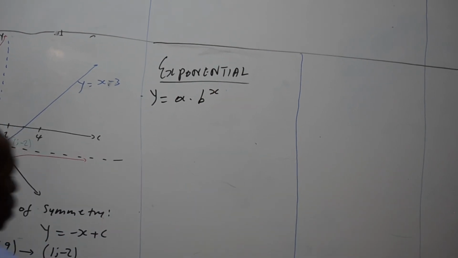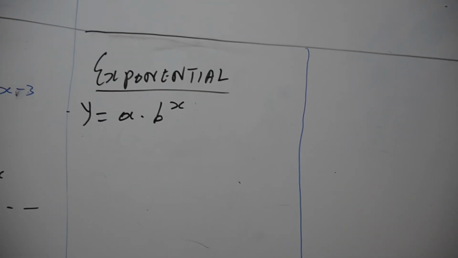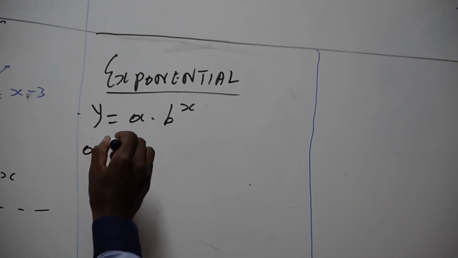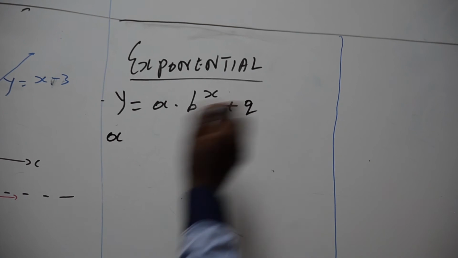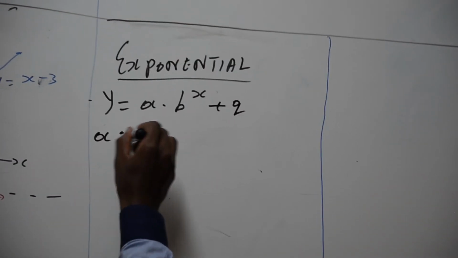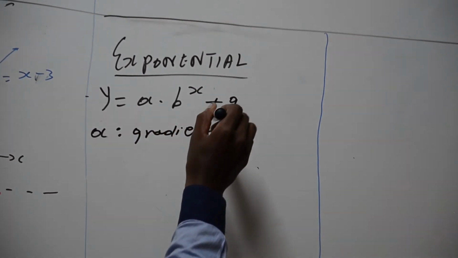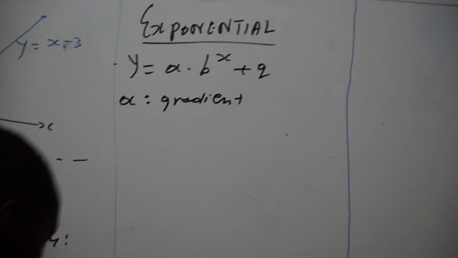Before the shift, the original function is this, plus q here, and I'll leave your x, where your a is the gradient for the shape. So your a is there for the shape also.